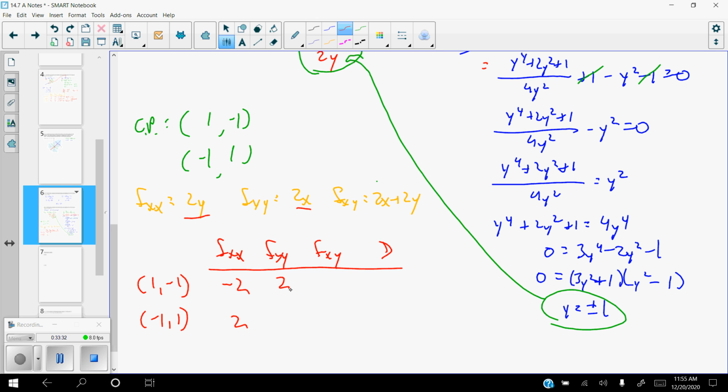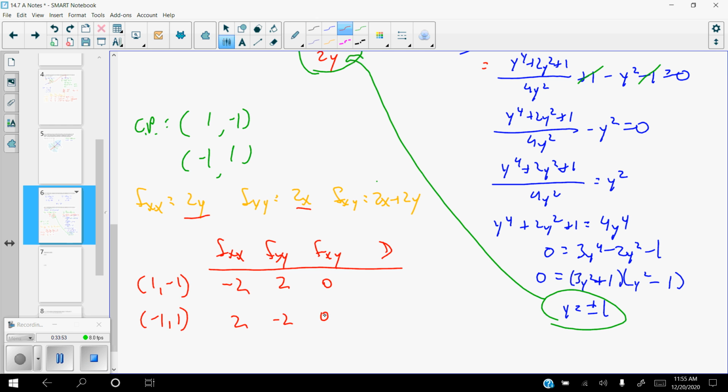Fyy of the second one is going to give us negative 2. And then fxy, and the nice thing about fxy is if you plug in 1 and negative 1 for x and y, you're going to get 0 in both cases. So remember, it's fxx times fyy minus the square of fxy, but that's going to be 0 in both cases.